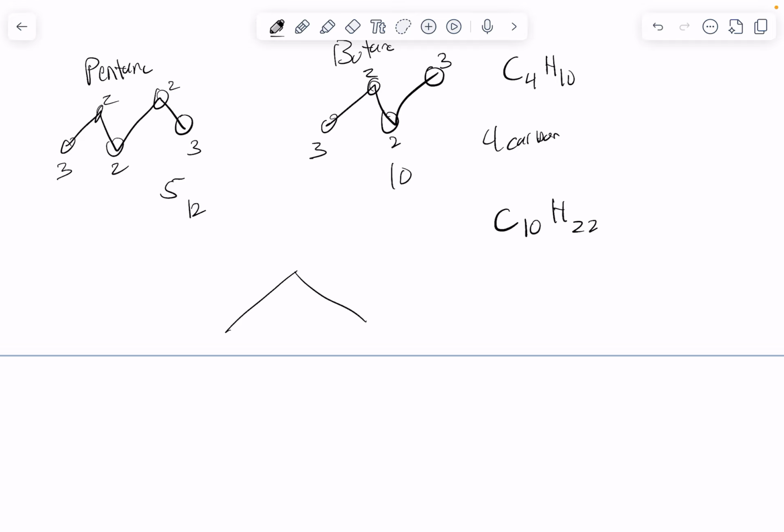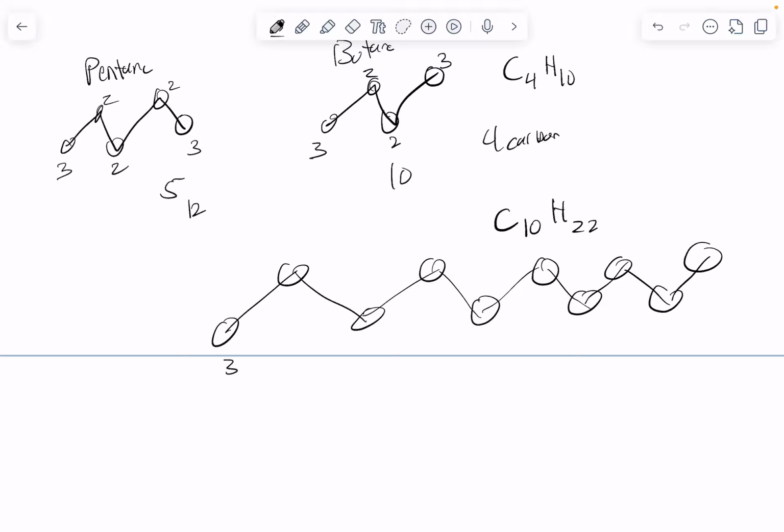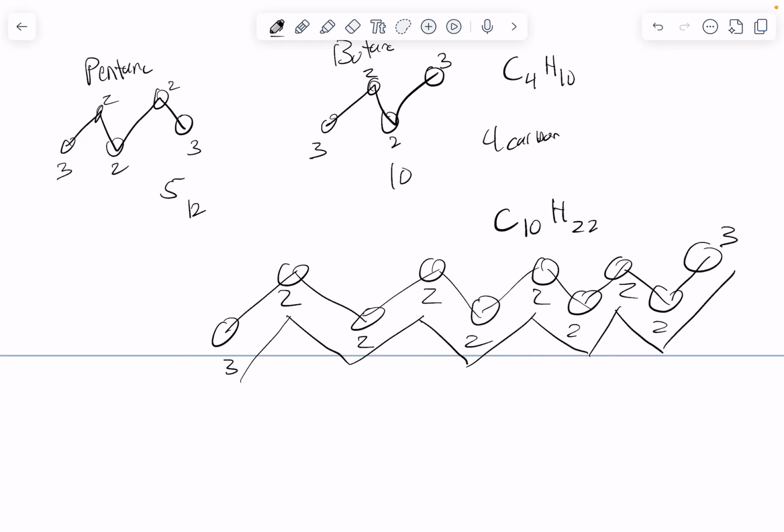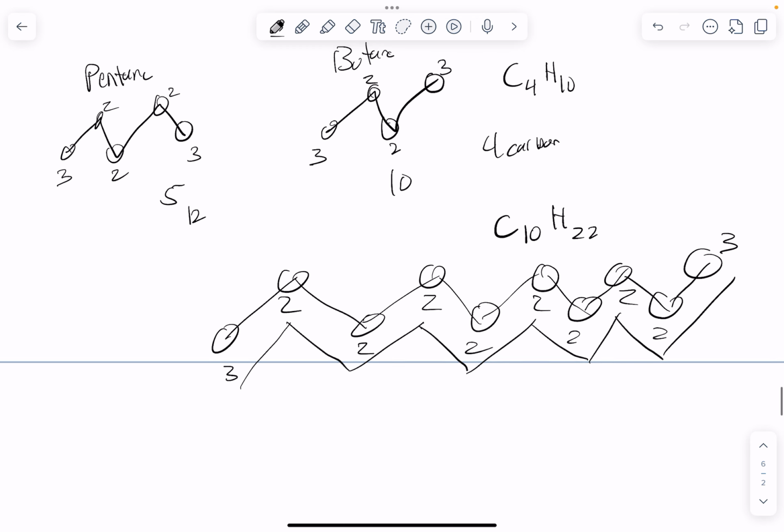So 1, 2, 3, 4, 5, 6, 7, 8, 9, 10 carbons. 3, 2, 2, 2, 2, 2, 2, 2, 2, 3. And let's add it up: 5, 7, 9, 11, 13, 15, 17, 19, 22. So the skeletal structure is going to be very useful.